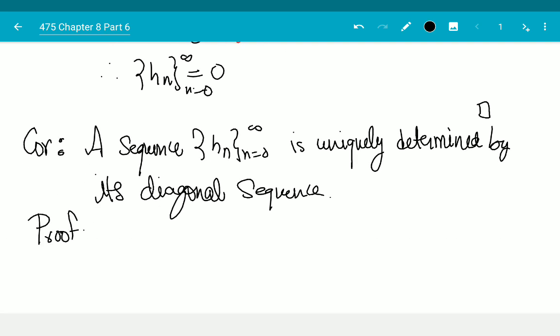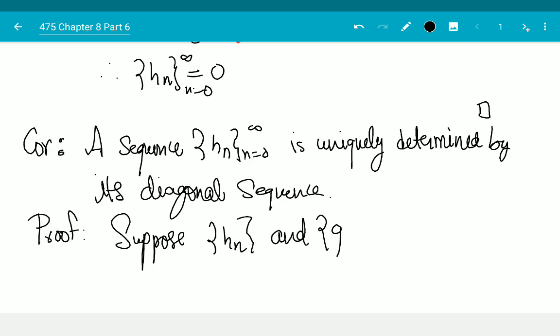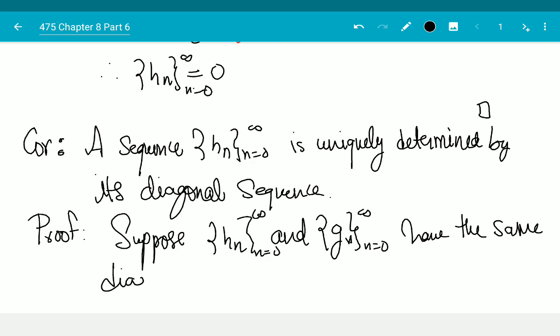Proof. Suppose hn and gn, n equal to 0 to infinity, have the same diagonal sequence, right?